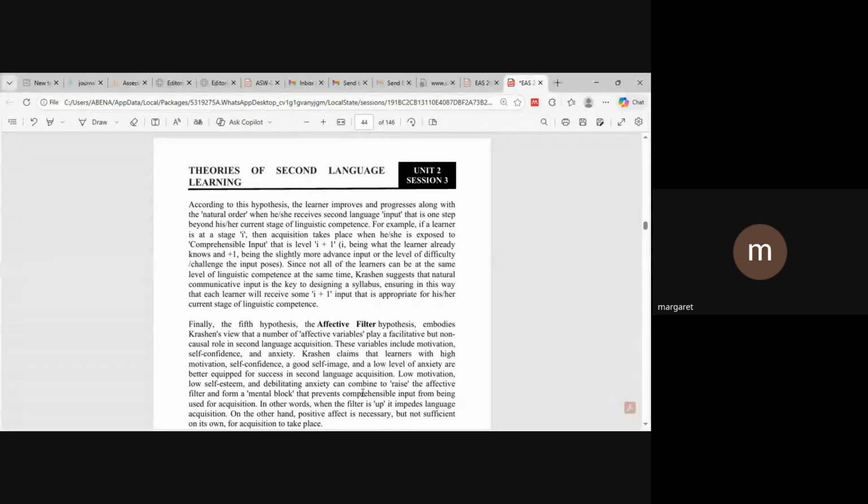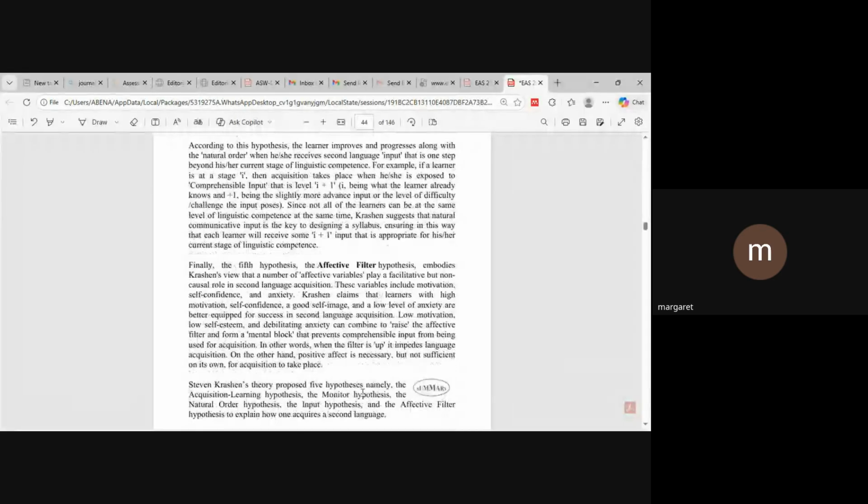Right. So this is what we mean by the affective filter hypothesis. So in this sense, they are saying that to help the child to learn a language and to keep the input that is provided, the classroom environment should be free and anxiety-free. The child's self-confidence should be increased.